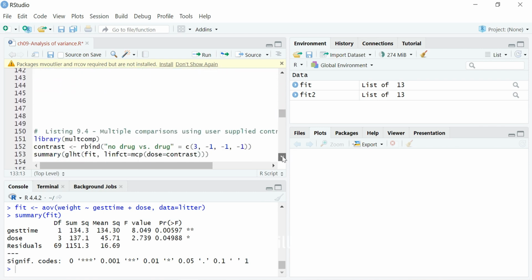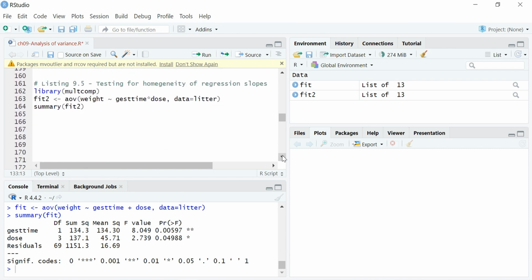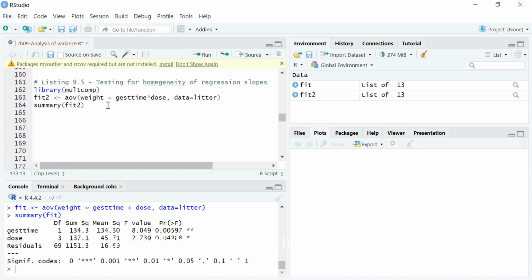Now we will include the interaction in the ANCOVA to test if the effect of gesttime on the weight is the same for different treatment groups. We do an ANCOVA again, but this time on the right side we set the expression as gesttime multiplied, with an asterisk, by dose.